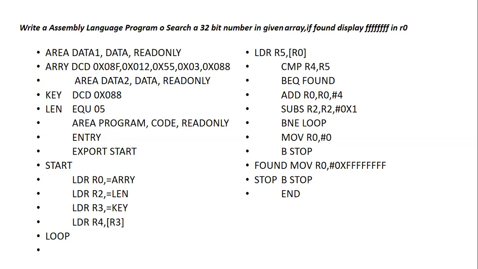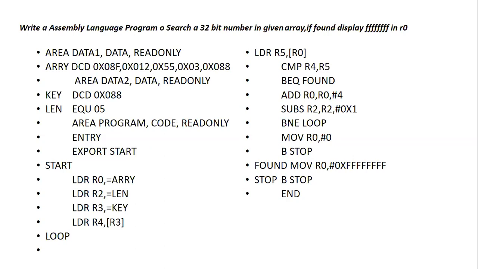So first, we are going to define our data array in the data segment. Usually what is the procedure? First, memory will be allocated using the AREA keyword, and that memory we are going to name as data1, and we are defining that area as a data segment, and we are giving the permission to the data segment as read only.